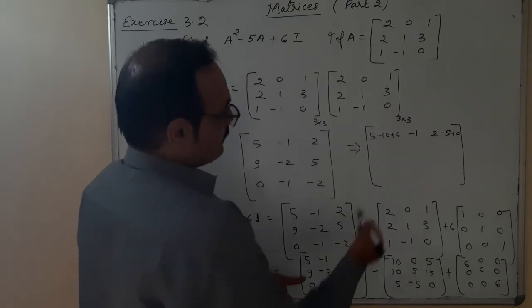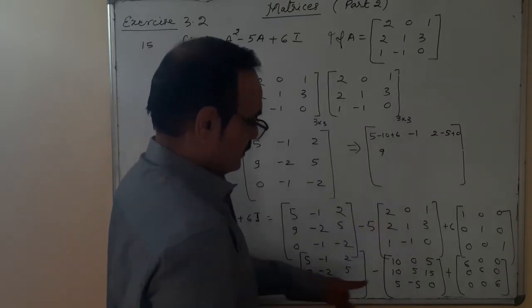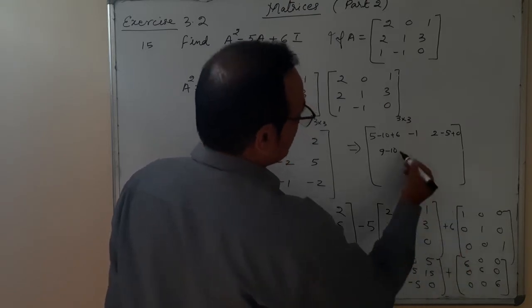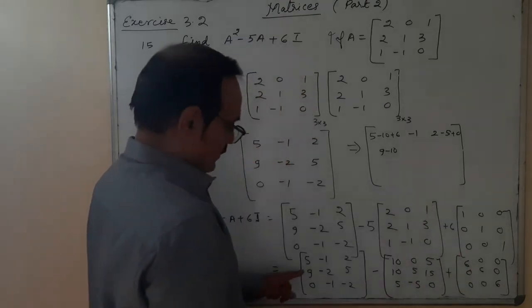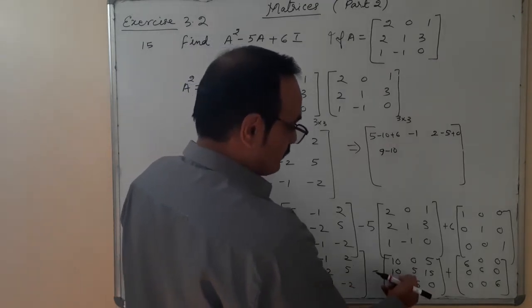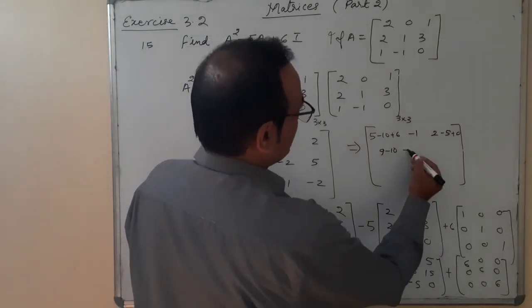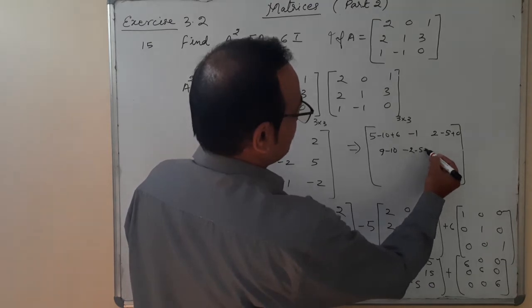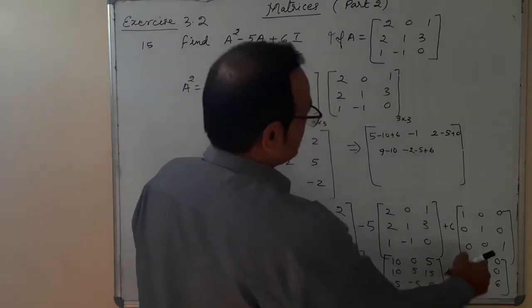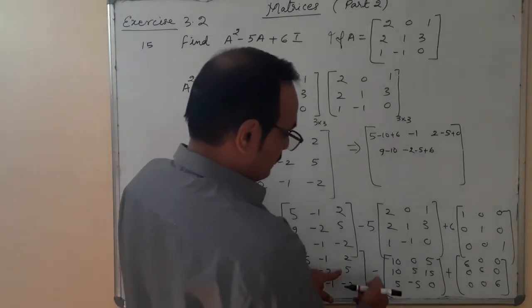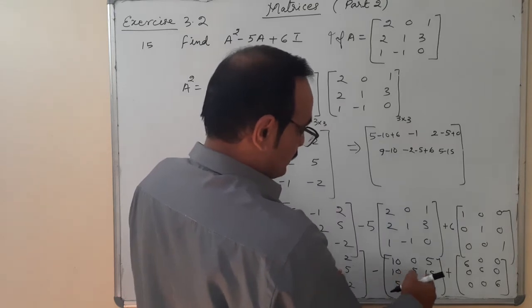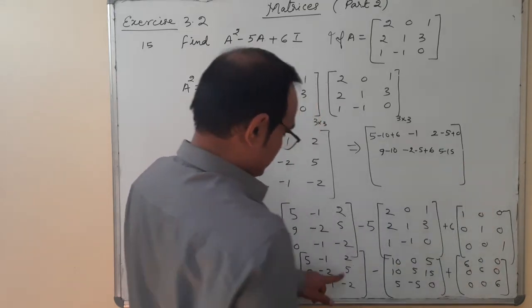After that, 9 minus 10 plus 0. Then second is minus 2 minus 5 plus 6. And third one, 5 minus 15 plus 0.